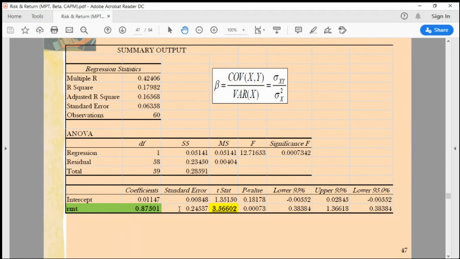As I have watched Apple for every 5-year period, every semester, Apple's beta has drastically changed. Early on, around 2007, Apple's beta was greater than 1, like 1.5. And then towards the later part, in 2019, Apple's beta is about 0.8. So what does that mean?